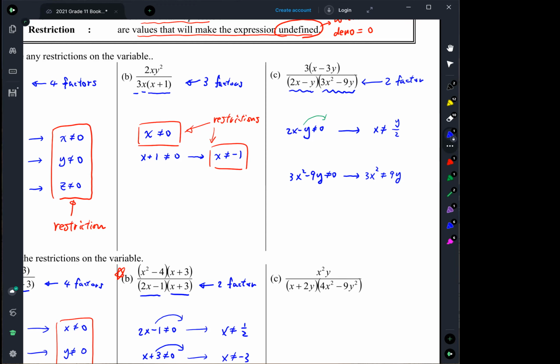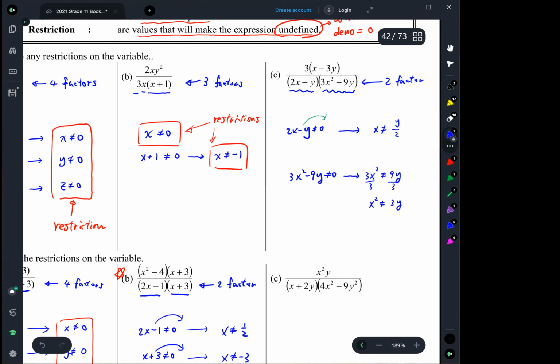What's the next thing we can get rid of on the left side? The 3. How do we do that? You just divide by 3 on both sides. Okay, so you will have x squared cannot equal 3y.